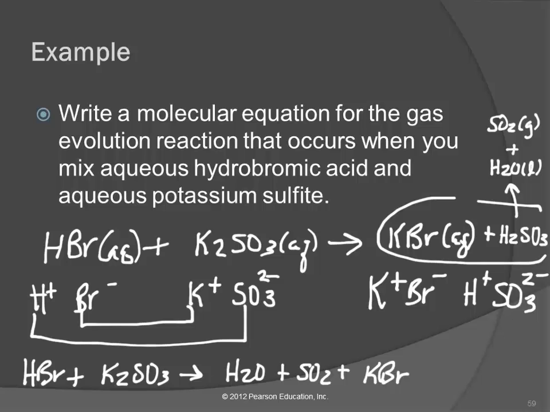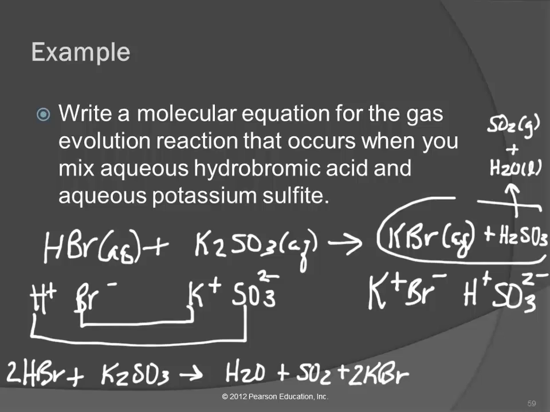And then look at this and ask yourself, is this balanced? Well, there's 1 hydrogen on the left and 2 on the right, so that's not good. We need to put a 2 over here. And then there's 2 bromines on the left now and only 1 on the right, so we need a 2 here.